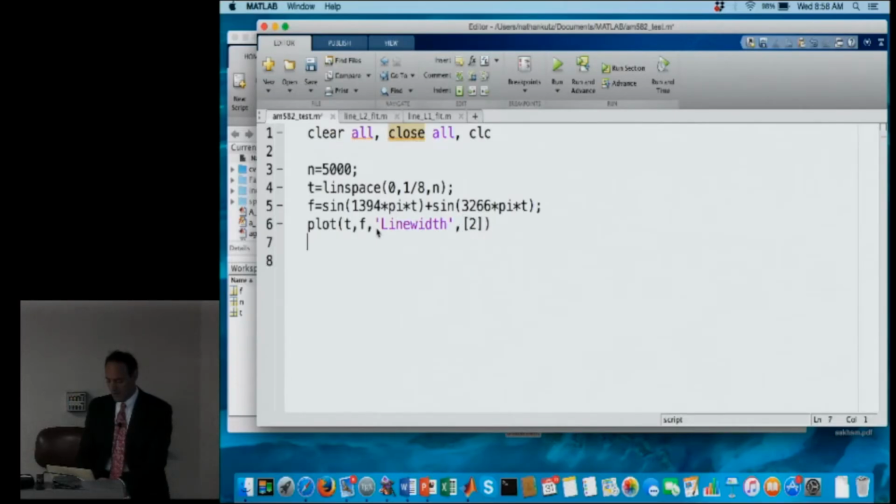Okay, so let's do that plus a line width 2, because it doesn't look that good right now. All right. Now, I can find the FFT of this, which is FT. I'm going to actually do the discrete cosine transform of F. And then I can plot FT. And let's do figure 2.